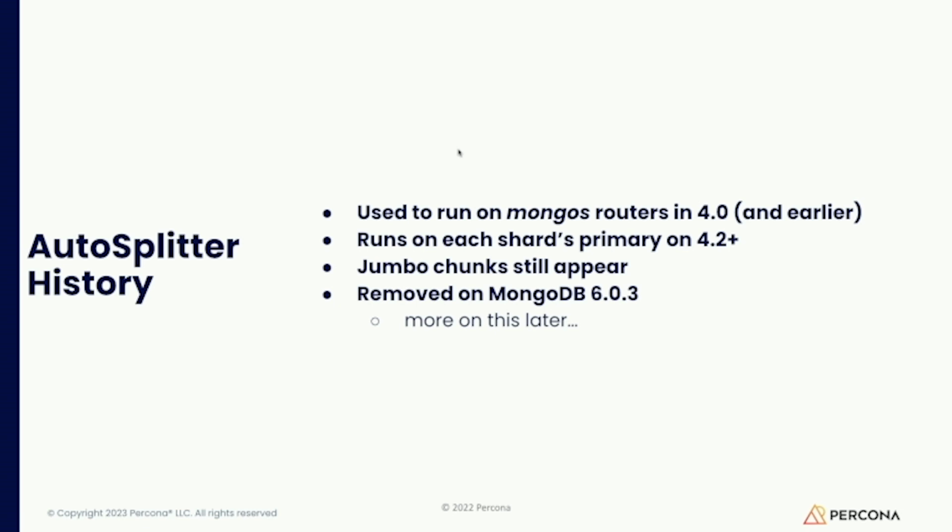So this is why eventually it was decided to move the process to run instead on each of the shard primaries instead of the MongoS router. But even after this change, jumbo chunks could still appear, okay? And a bit of a funny thing, the autosplitter was actually removed in 6.0, and I will show you a bit more about this in a second.